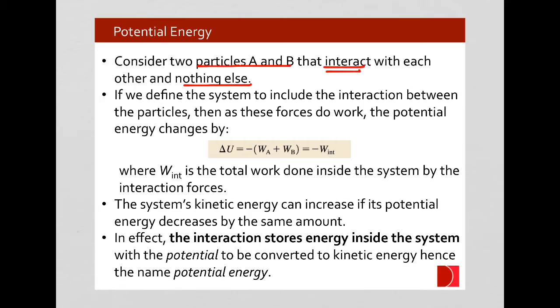So these two particles have internal forces due to their internal interactions, internal to the system that includes both particles, and they interact with nothing else, meaning there's no external forces acting in the system. In this case, if these forces of interaction do negative work, that results in a positive increase in the potential energy of the system. That's shown by the negative sign.